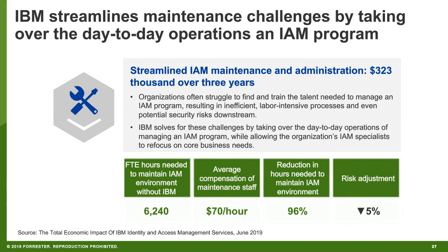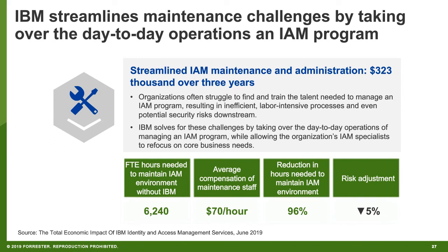And our last quantified benefit here is $323K saved over 3 years by streamlining maintenance and administration activities. So by moving to identity as a service, the organization no longer needed to worry about hardware administration, and software administration was refocused from burdensome day-to-day operational tasks to now light supervisory tasks such as whitelisting and reviewing identities.